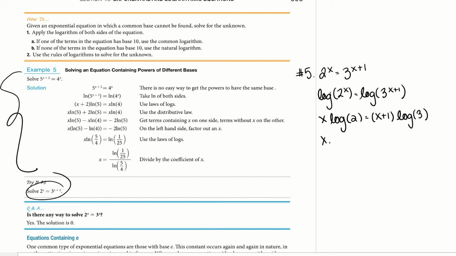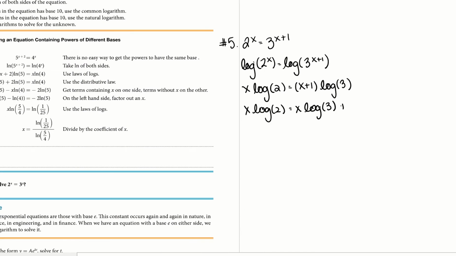Okay, and let me just expand on both sides. X, and I will distribute the log 3 plus log 3. So I'm going to just subtract to get all of my x's on one side. So it's x log 2 minus x log 3 equals log 3.